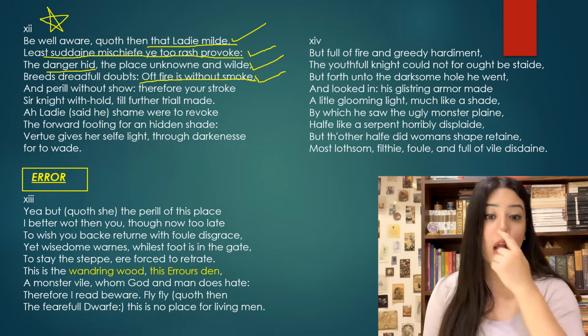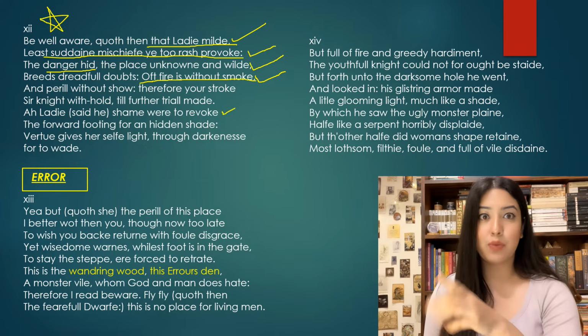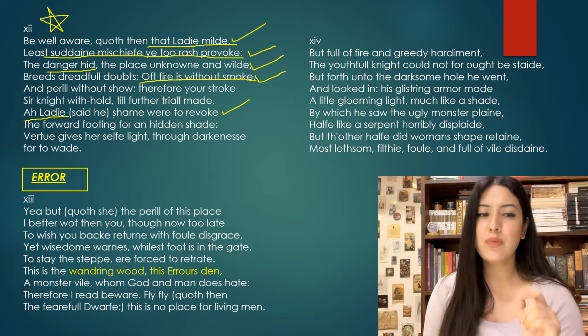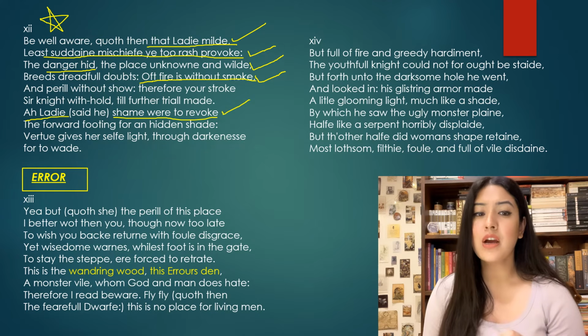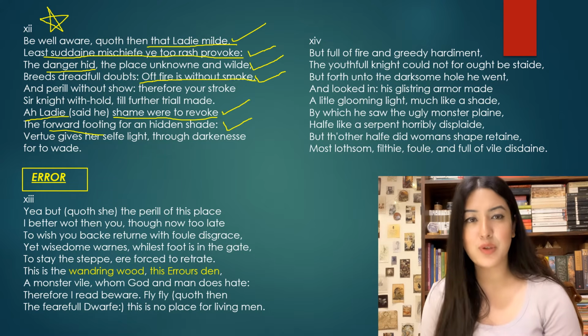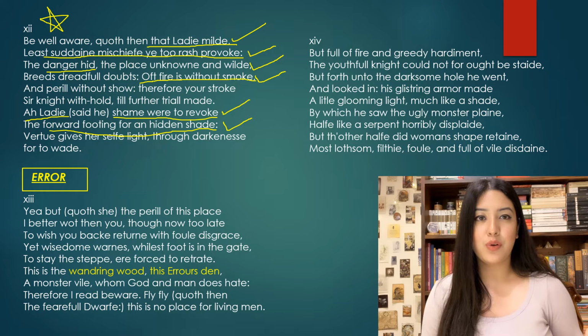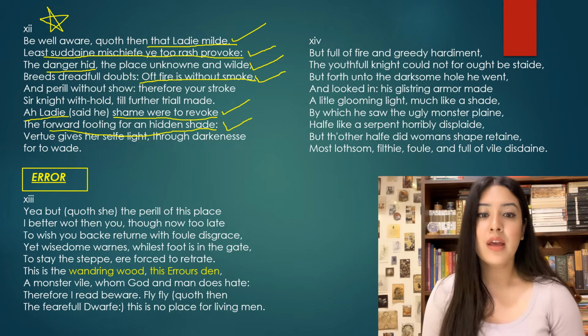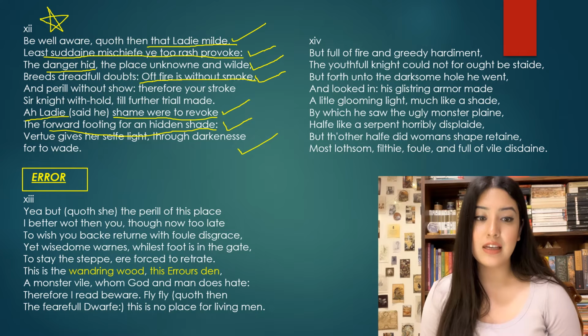"And peril, lady," said he. The Red Cross Knight replies to her: "Lady, shame were to revoke the forward footing for and hidden shade." He's saying it would be a shame for me to turn back now. I'm a knight, and I will face danger head on. "Virtue gives herself light."